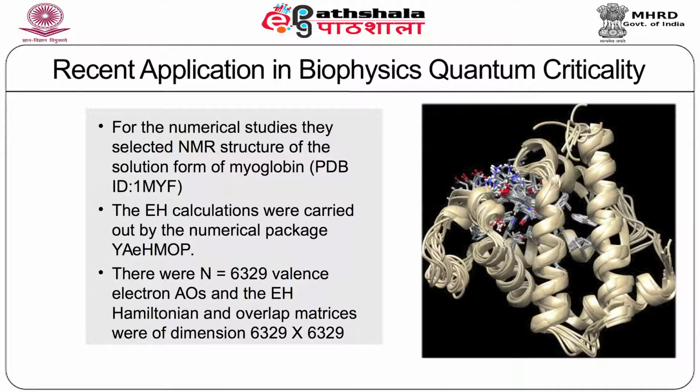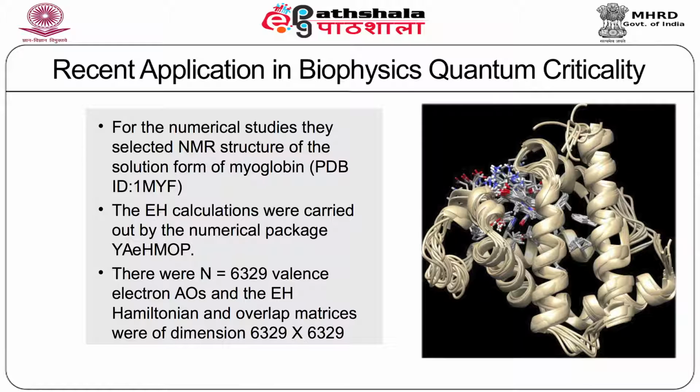For their numerical studies, they selected NMR structures of the solution form of myoglobin and downloaded it from the protein data bank, and the structure contains the protein data bank ID 1MYF. You can see the structure in the picture. The extended Huckel calculations were carried out by the numerical package that we mentioned previously, and the package is YAeHMOP.